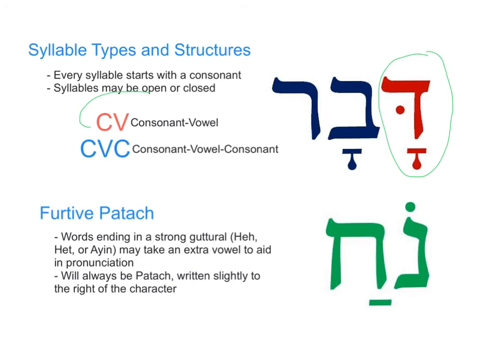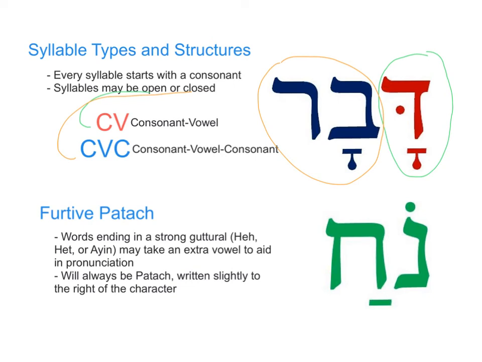A closed syllable, on the other hand, will do something different. A closed syllable will start with a consonant. It will have a vowel, but then it will close with another consonant.